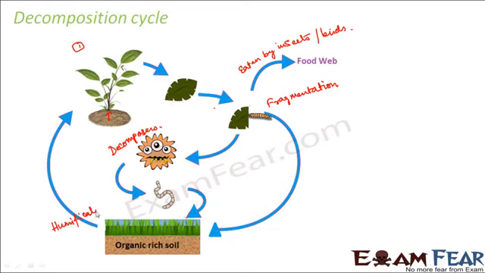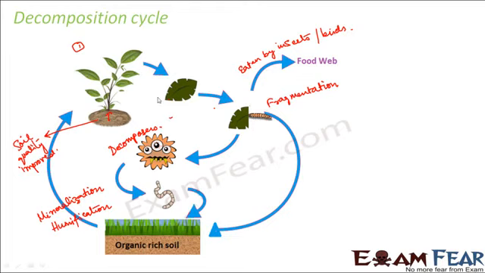In humification, humus formation will take place, and this will be followed by mineralization, where minerals will be formed, and these minerals will again enrich the soil quality. So the soil quality will be enriched or improved, and this in turn will again help in the growth of plants. So this is like a cycle, and this cycle is known as the decomposition cycle.